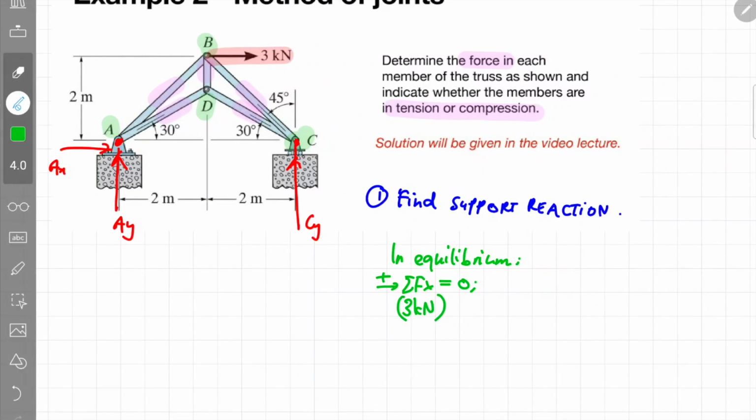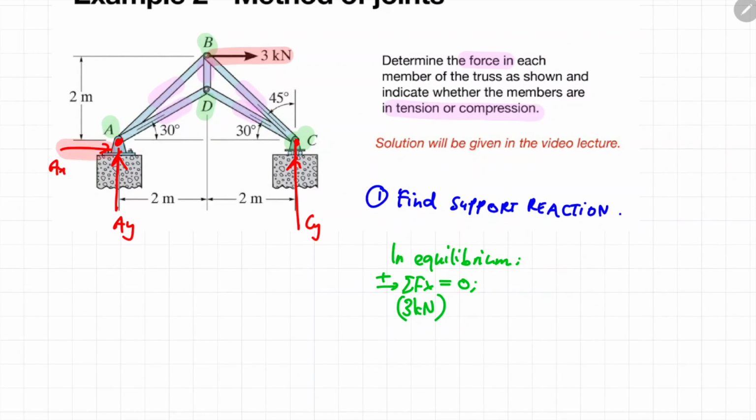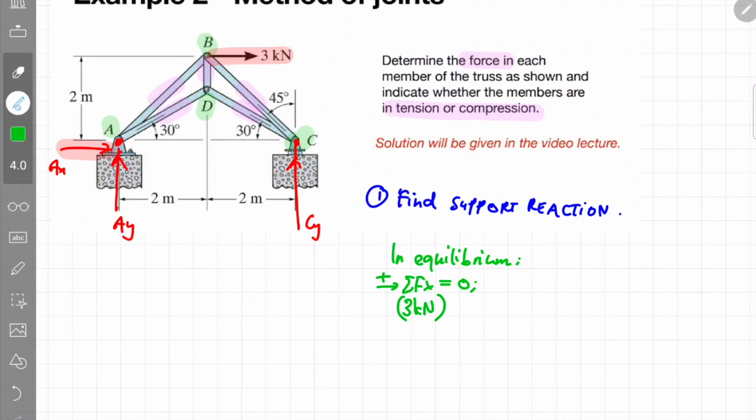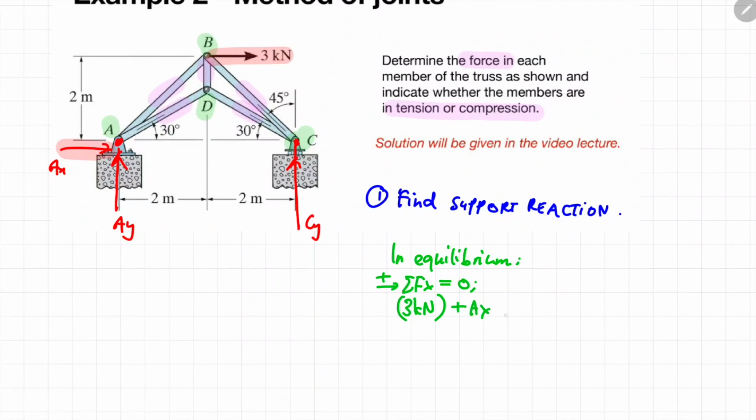And then there is also one unknown force over here, which is positive AX. Are there any more forces in the x direction? If not, then that's it. Then the total of these two forces would sum up to 0. Solving this equation, you will get the magnitude of AX to be negative 3 kilonewton. So negative indicates that the magnitude of AX is 3 kilonewton towards the left direction.